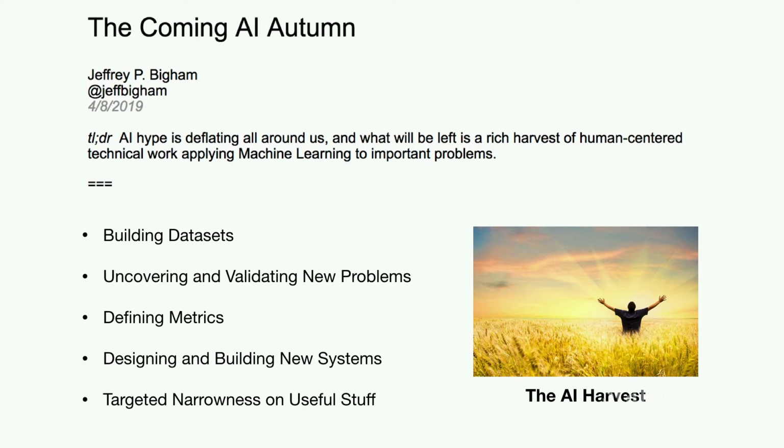So I really think there is this huge potential, though, and I don't think it's the hypey AI that sometimes gets the most press. I think that the hard work of using the tools we have for machine learning, discovering real problems and applying them to real problems, there's just this huge harvest, right?